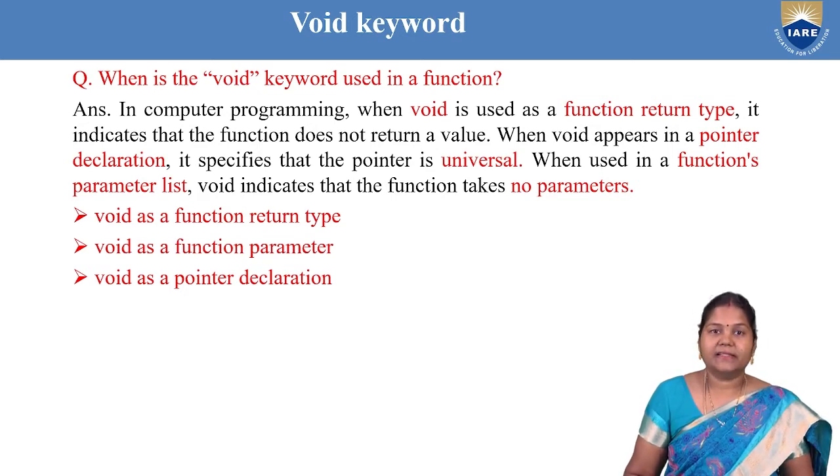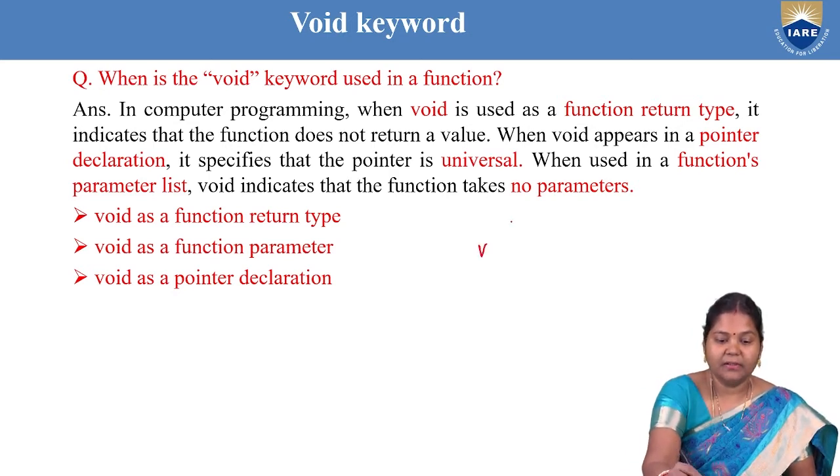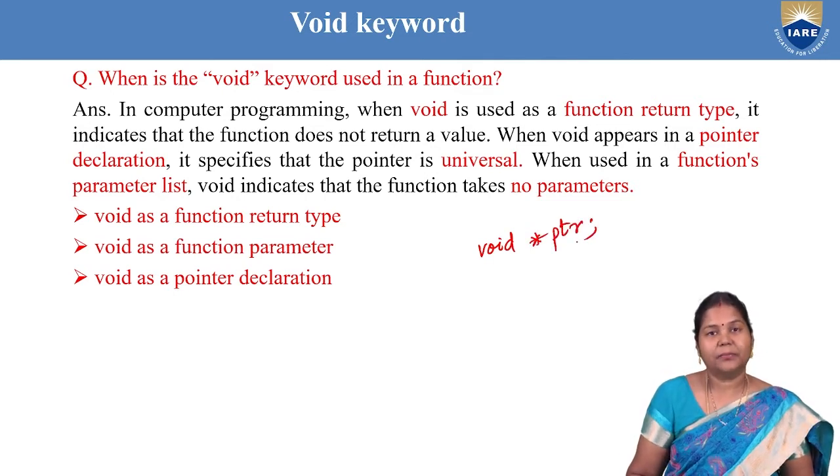Whenever you write void in the function return type, it indicates that the function doesn't return any value. When void appears in a pointer declaration, that is, whenever you declare a void pointer, it indicates that the pointer is of type universal. If I write void star ptr, then this pointer has no specific type.